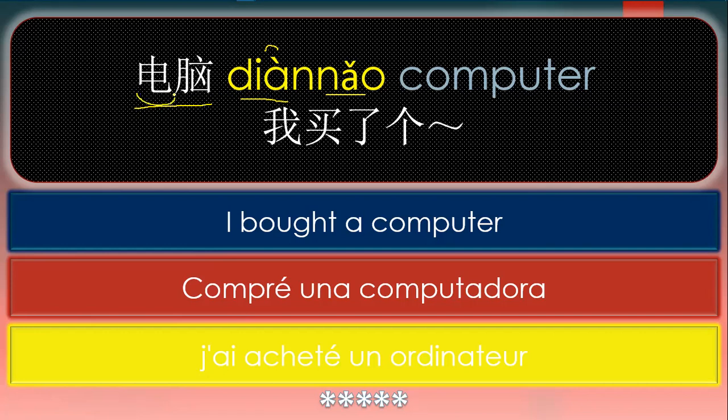Yes, and that part is Dien, the first one. So you already know one character on this one. We know that whatever this is, it has to do with electricity or electrical, right? Okay. And the now part is the brain. So you have electric, brain.